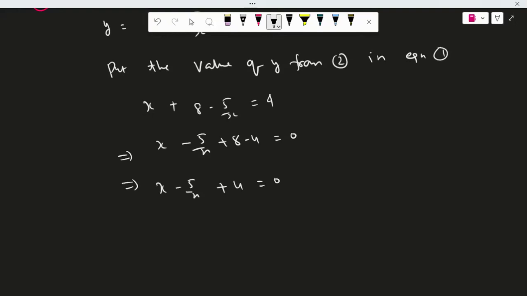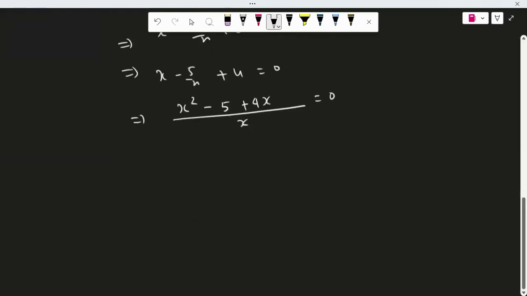Now we can take the LCM. We can take x as the LCM in the denominator, or we can say you can multiply the whole equation by x. We will get x square minus 5 plus 4x equals 0.